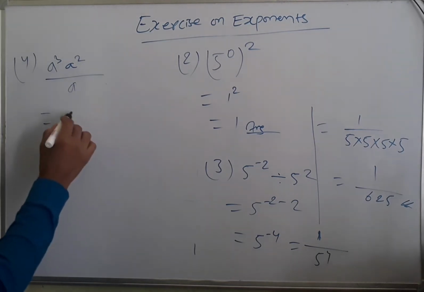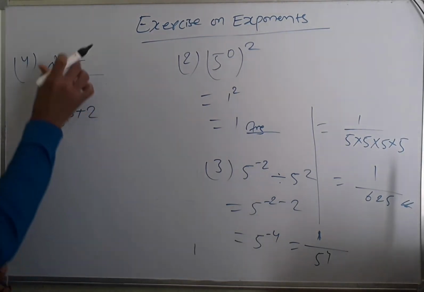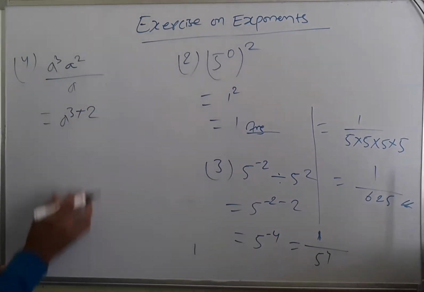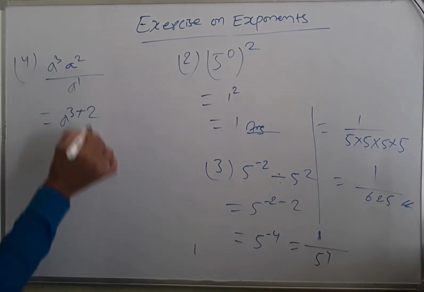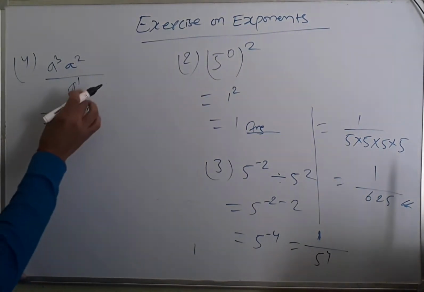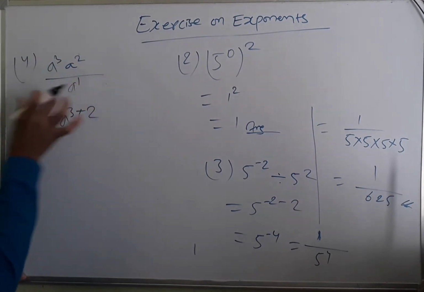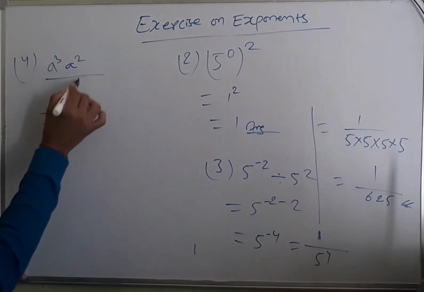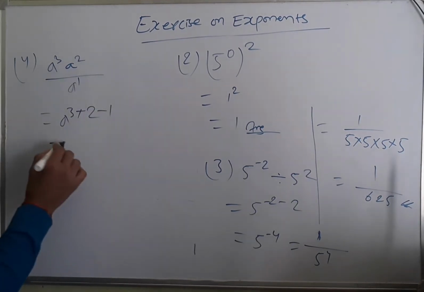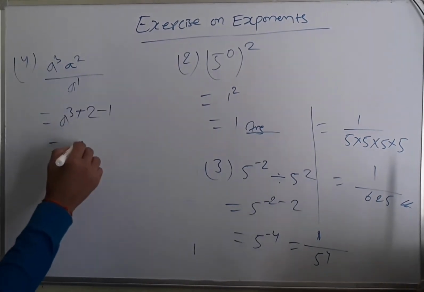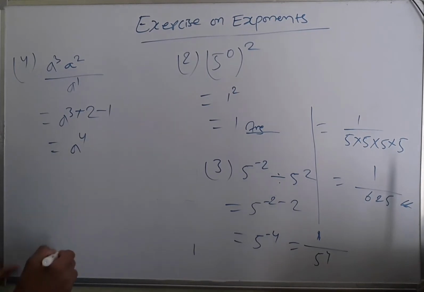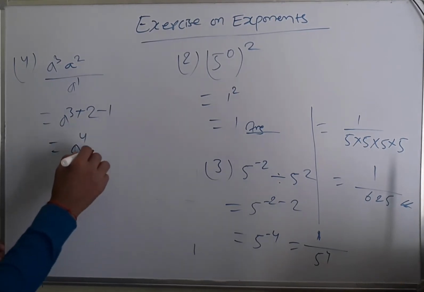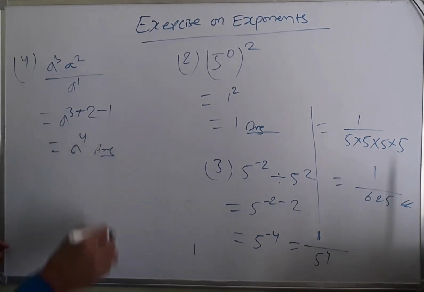You can write this as a to the power 3 plus 2, meaning same base, addition of the exponents. This is a little trickier for beginners, because when you have all of these things simultaneously some people can get confused, but it's not confusing. This is division, meaning you subtract the exponents. So this will be a to the power 4, and that is going to be your answer.